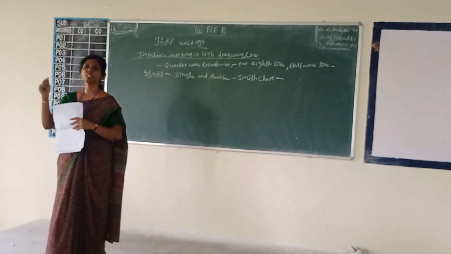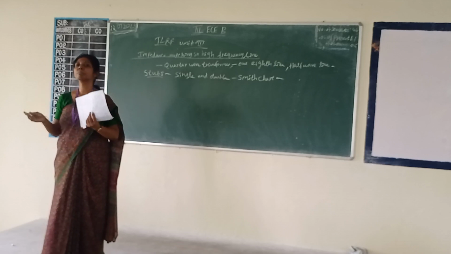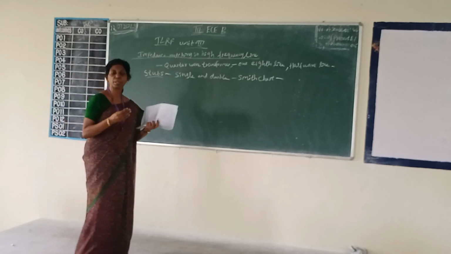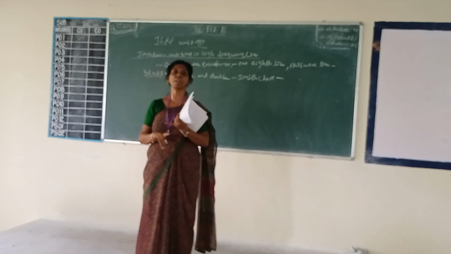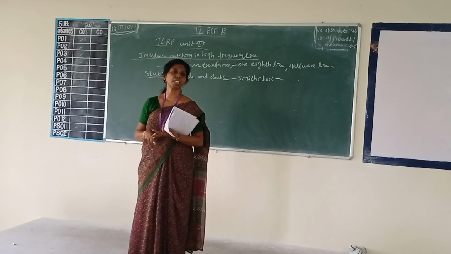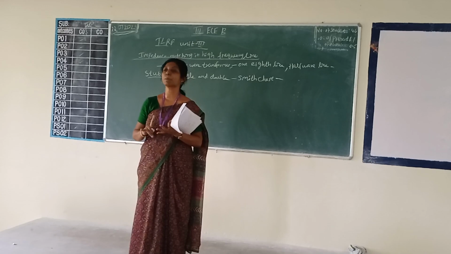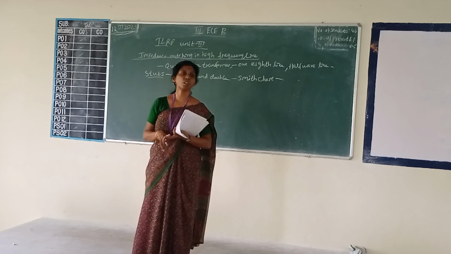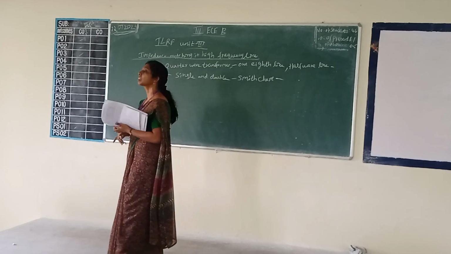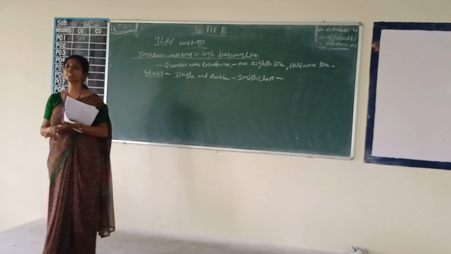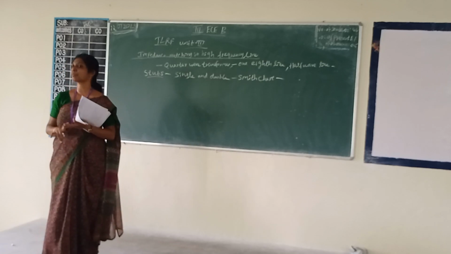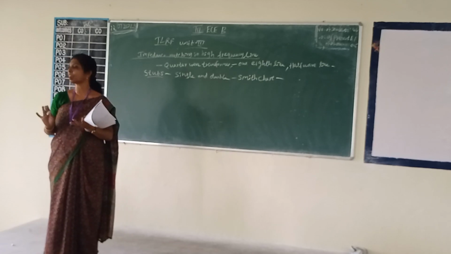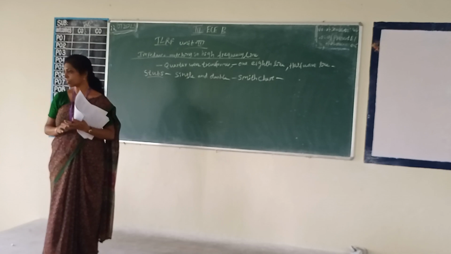So you have to come with a compass, scale, pencil, rubber and Smith chart, and purchase them individually. Then only you can learn this chart. And during that time you should not take leave, because if you miss the first problem, you cannot solve the next problem.